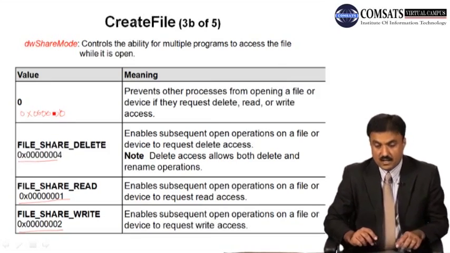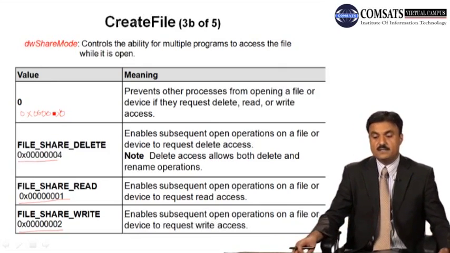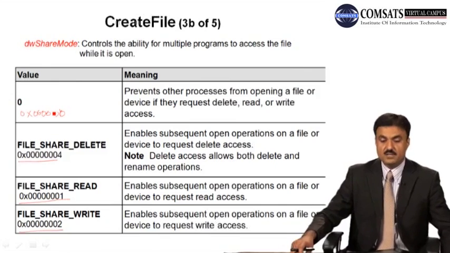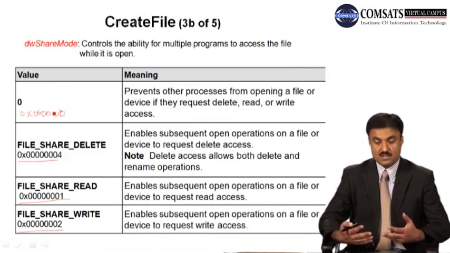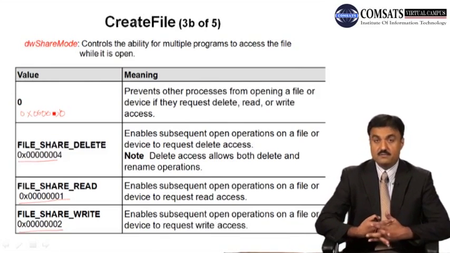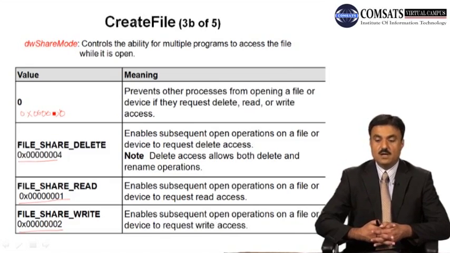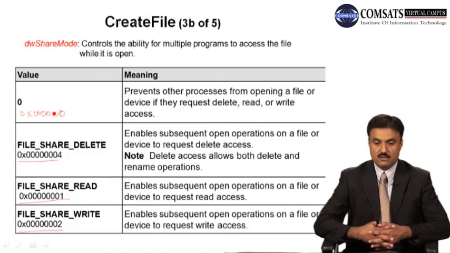These are the values that control the ability for multiple programs to access the file while it is open. So either you want to open the file share for delete, for read. When you open for 0, it will prevent other processes from opening a file or a device if they request delete, read or write access and so on. So you cannot perform any action on that one.